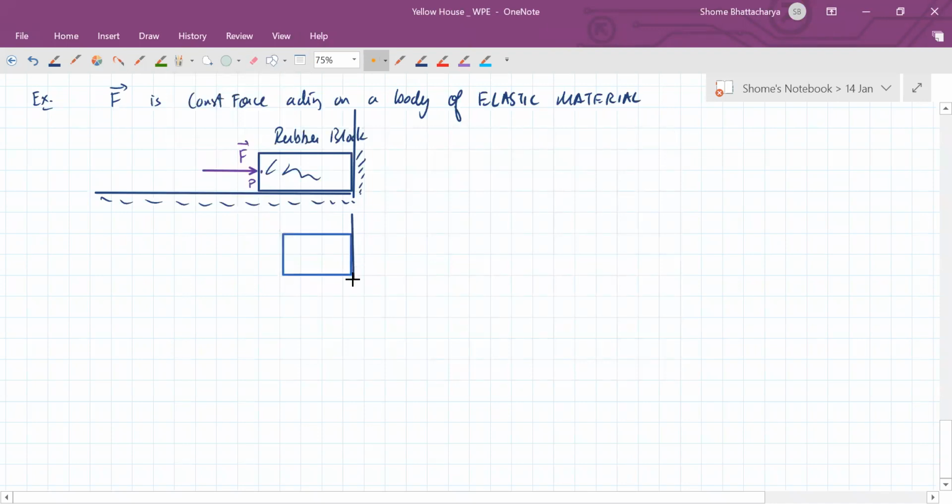So the point of application of the force is displacing again in a different way compared to the center of mass. This point of application of the force is making a displacement like this.